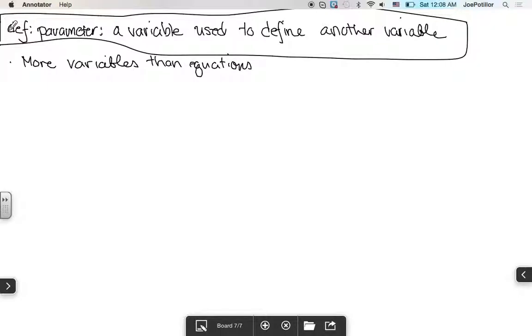Because you have too many variables in that situation, you've got to make your life easy. The number of equations dictates the number of solutions, and since you have more variables than equations, you're going to have an infinite amount of solutions. So let's work with how to define a parameter.